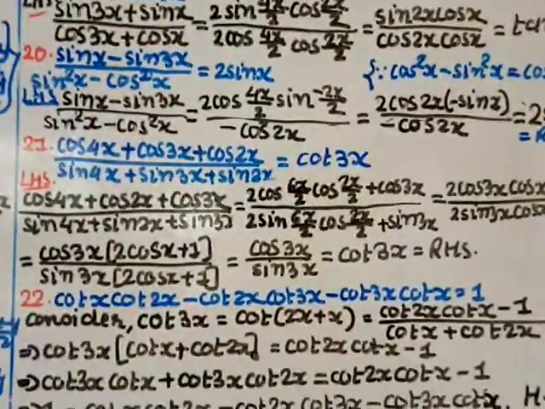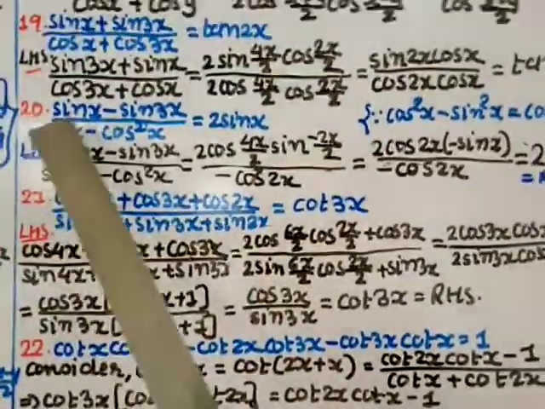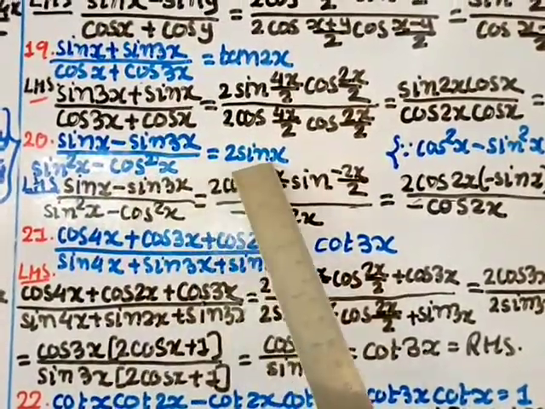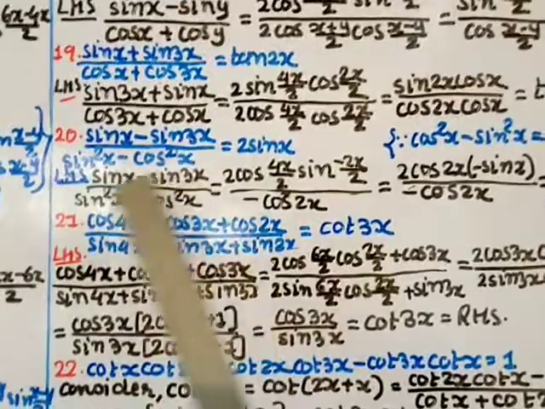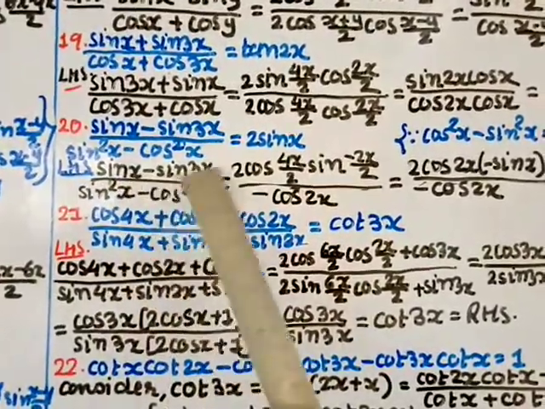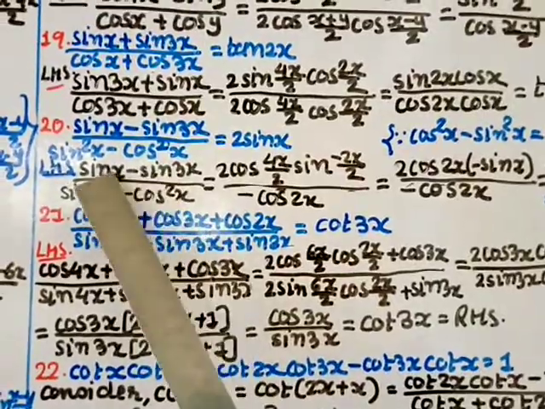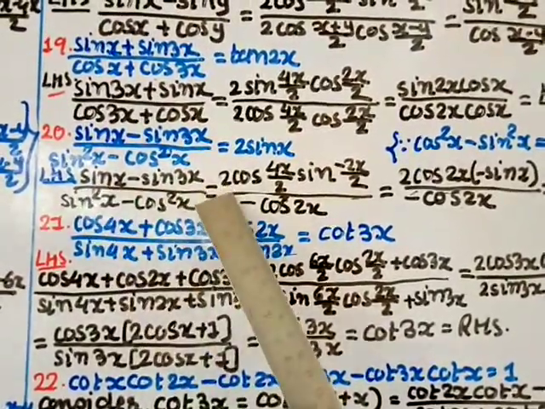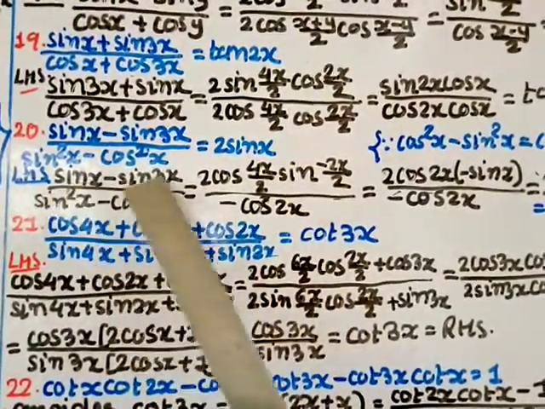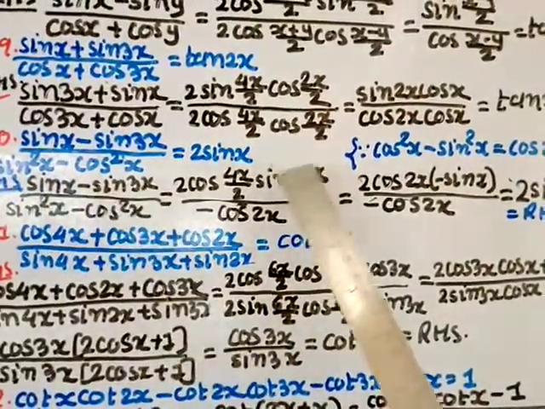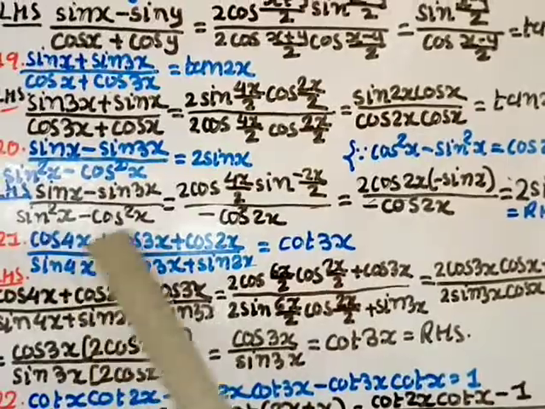Question number 20. (sin x minus sin 3x) divided by (sin square x minus cos square x) is equal to 2 sin x. Left hand side, sin x minus sin 3x divided by sin square x minus cos square x. I am using the identity: sin x minus sin 3x is 2 cos((1x+3x)/2), that is 4x by 2, sin((x−3x)/2), that is minus 2x by 2, and this is the formula.